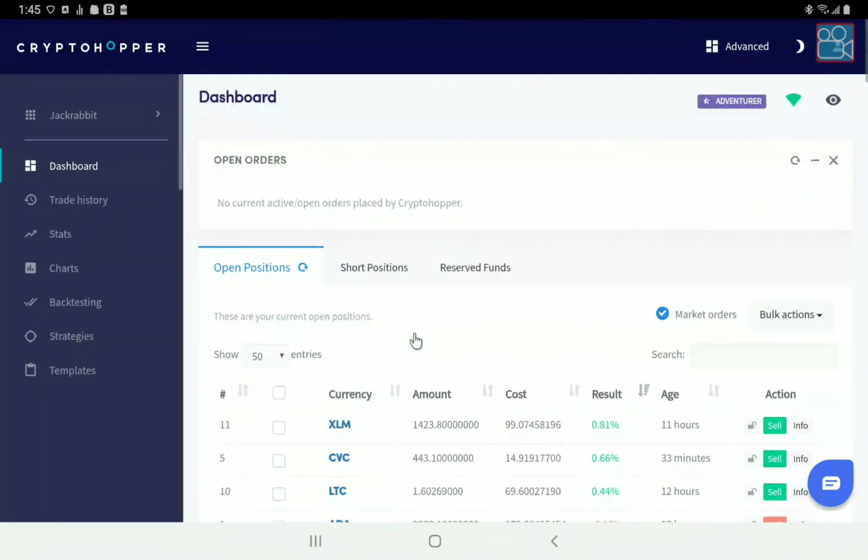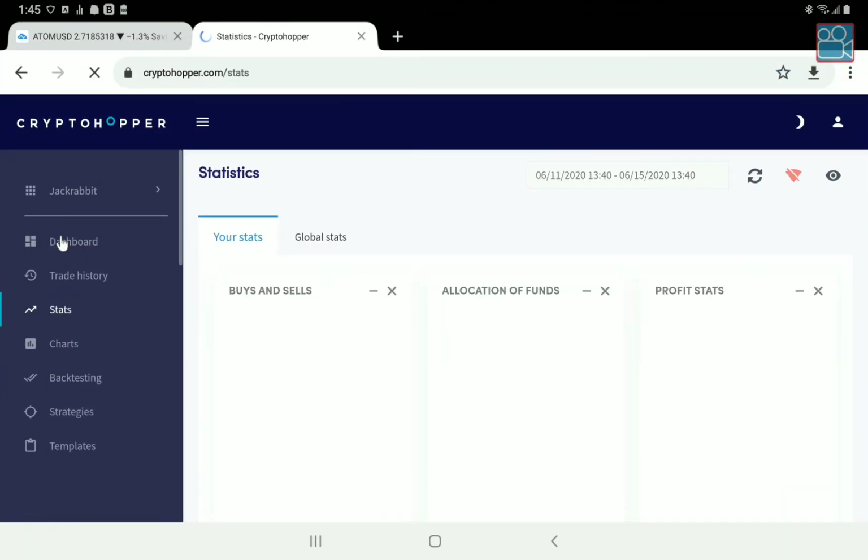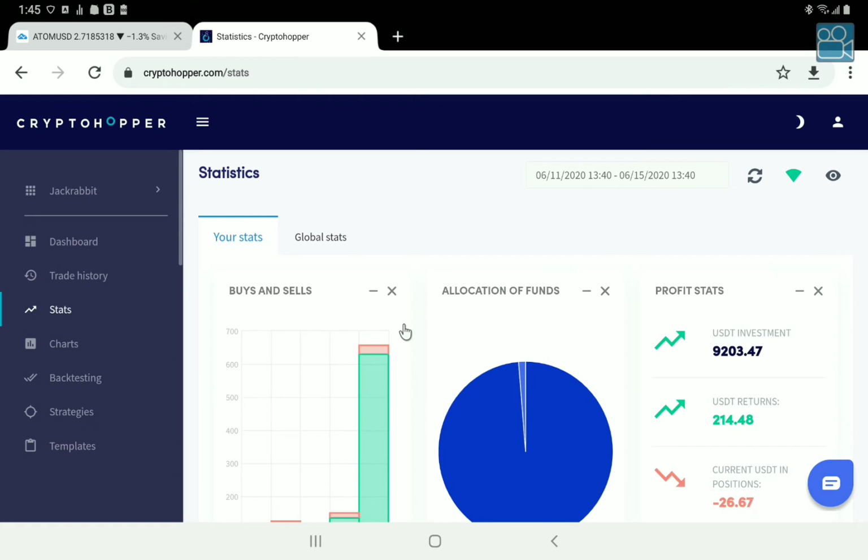Okay, so let's go into our statistics. Now these will be messed up a little because a couple of days ago Crypto Hopper had some kind of bug. But the numbers that are here are where they should be. As of last night, this was at 3,000.